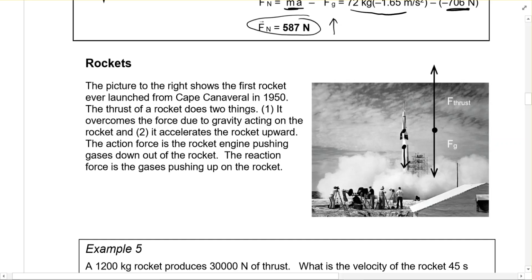That reaction force pushes the rocket upward, and that's what we mean by the force thrust. It's the reaction force after pushing all that gas down away from us. But for our equations, what we're really interested in is the force, this dot here, on the rocket. We don't really care what happened to the free body diagram of the gas, right?